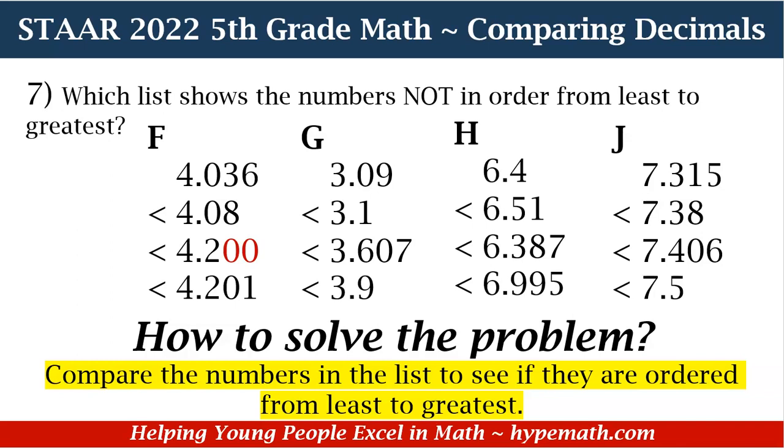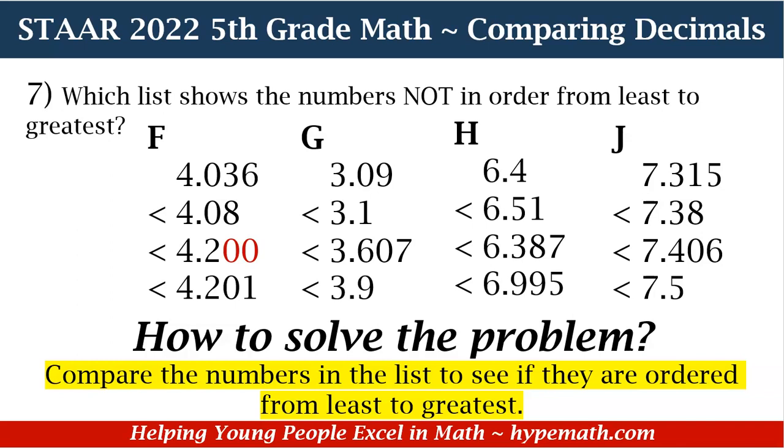Now let's move to H. We know, like we talked about before, that all of the numbers have a 6 in the ones place. Now we need to focus on the tenths place. And in the tenths place, we have a 4, 5, 3, and 9. So we're trying to order from least to greatest.